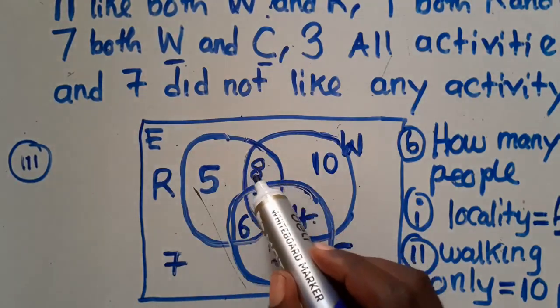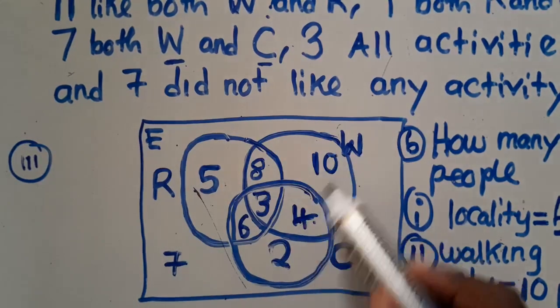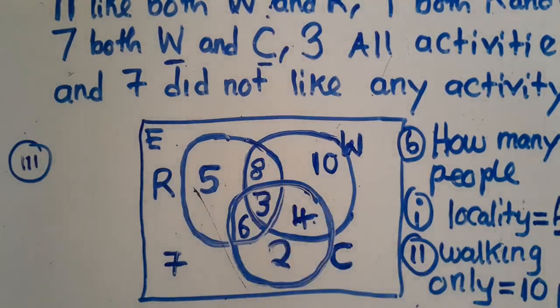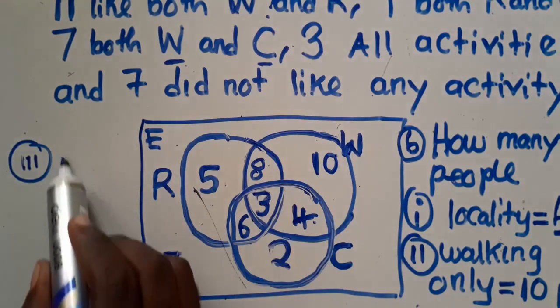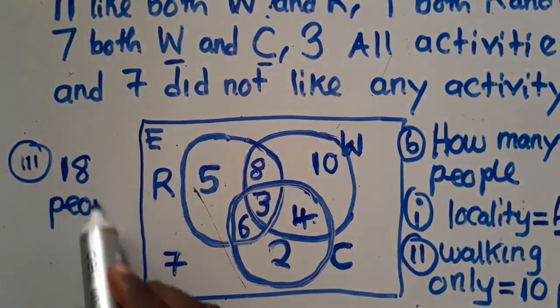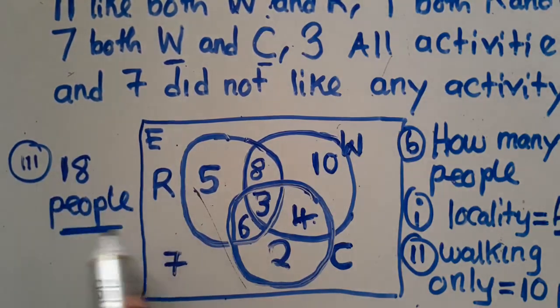These 8 like these 2, 4 like these, 6 like that. So you add 8 plus 4 plus 6. What answer are you getting? 18. So you say 18 what? 18 people. This is what you are supposed to do. 18 people like 2 different sports only.